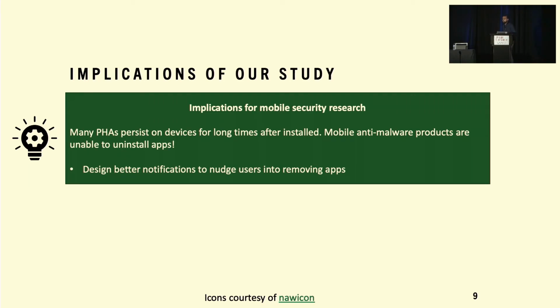And one thing that could be done is actually studying why people actually install an anti-malware product in the first place, but then they don't listen to what the anti-malware product is telling them. Maybe there is an interesting research direction there for people in usable security on developing better nudges, better warnings, and things like that.